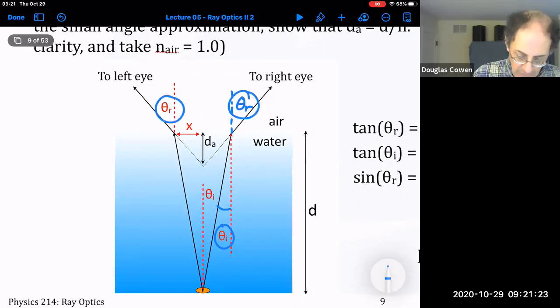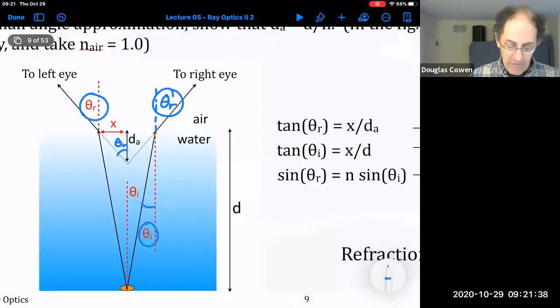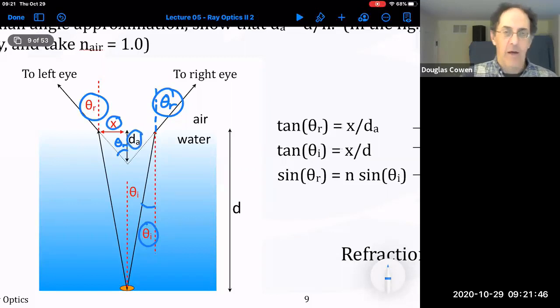You can also see that this angle in here is the angle of refraction. So what we can do is write down that the tangent of theta sub r, the angle of refraction, is just the opposite over the adjacent, which in this case is x divided by d sub a.